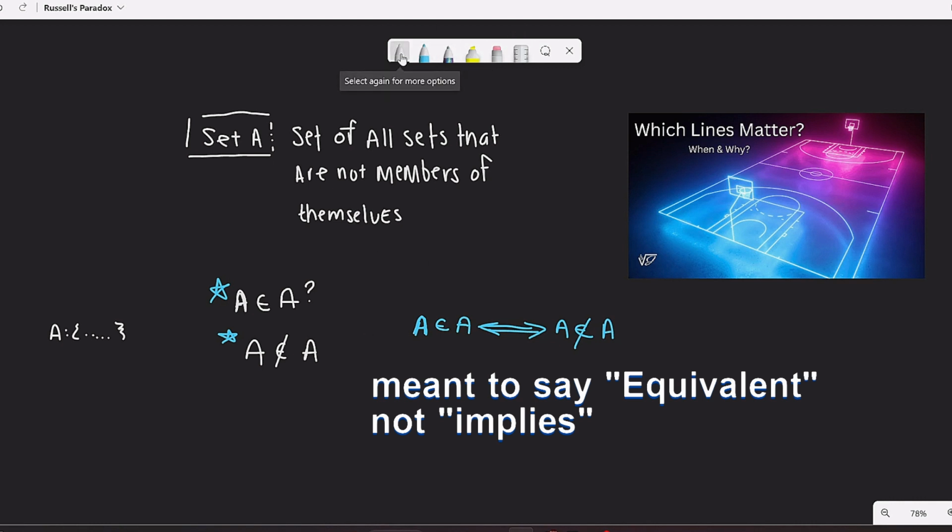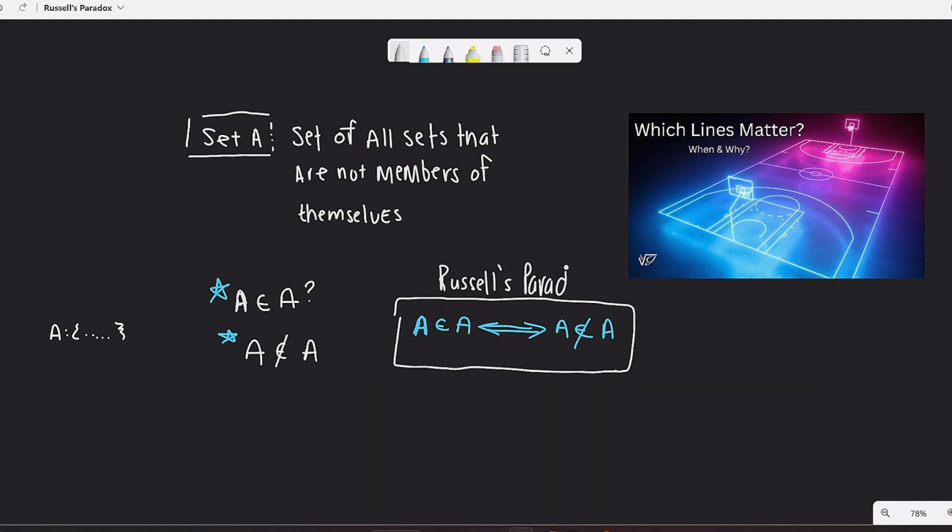And so here is a formulaic or set theory definition of Russell's paradox. We will always think about set A as being how we get Russell's paradox.